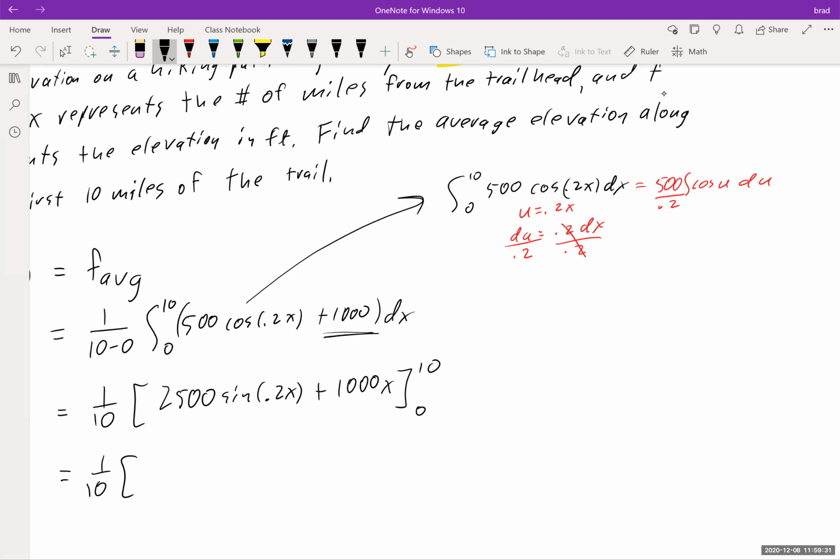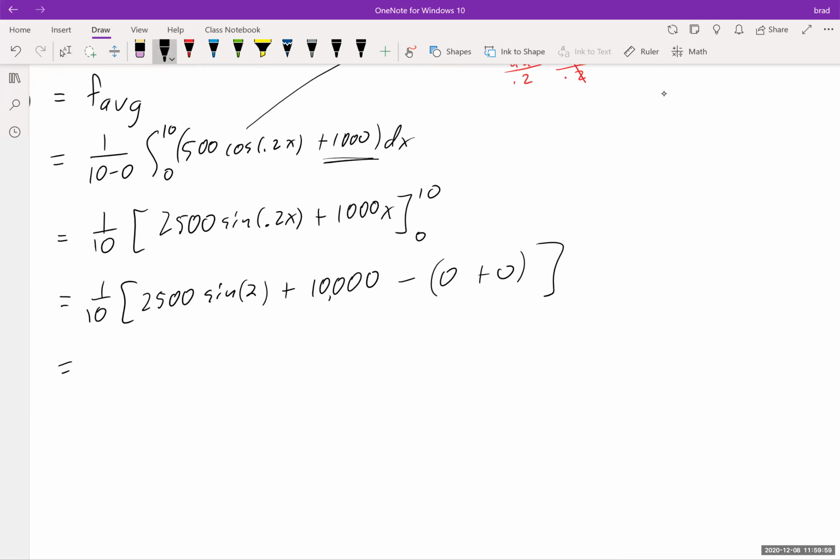Now I'm going to do f of b, which would be 2,500 times the sine of 2, because 10 times 0.2 is just 2, plus 10,000. And if I plug 0 in, the sine of 0 is 0, so I can do minus 0 plus 0. That's f of b minus f of a. So then this will just become 1/10 times.